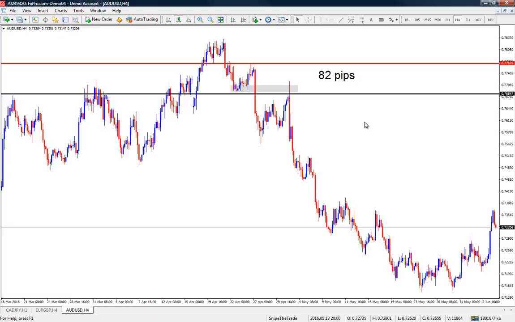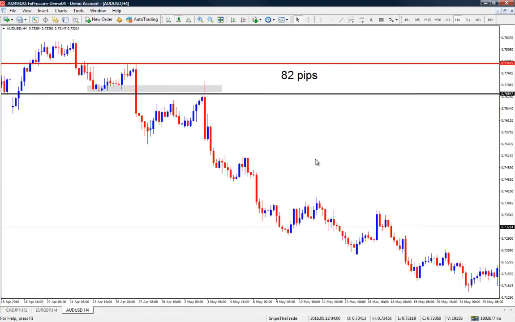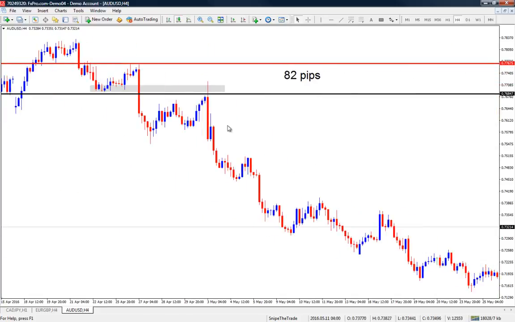Now, because we are in a down move, we are going to use supply zones to trail our stops. Why? Because these are the zones that if we break above them, then we need to get out because the short idea or the short trade is no longer valid. So we are going to go ahead and thicken this chart up for you guys.